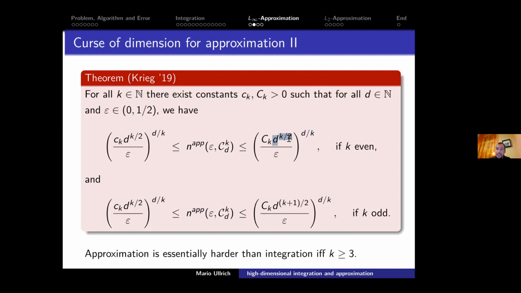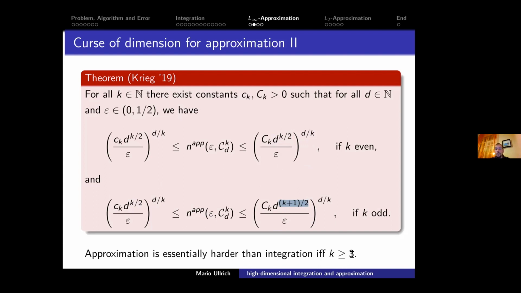Then you have some d/k divided by 2 here for even k. And for odd k, we do not know precisely at the moment. We only have the lower bound with this k/2, then an upper bound with k plus 1 over 2 here. Still not completely clear, but although this is not the solution to the whole story, we see that approximation is essentially harder in dimension if and only if k is larger or equal to 3.